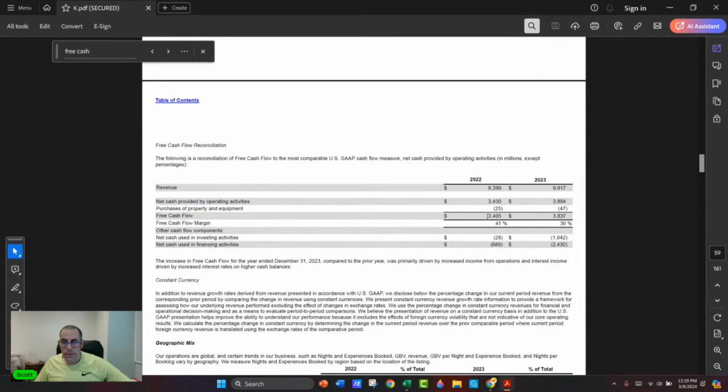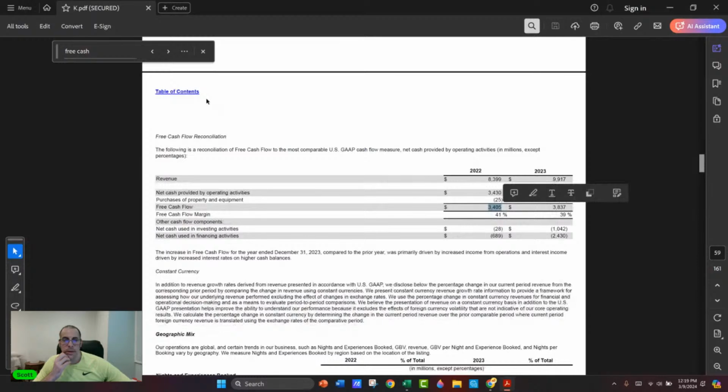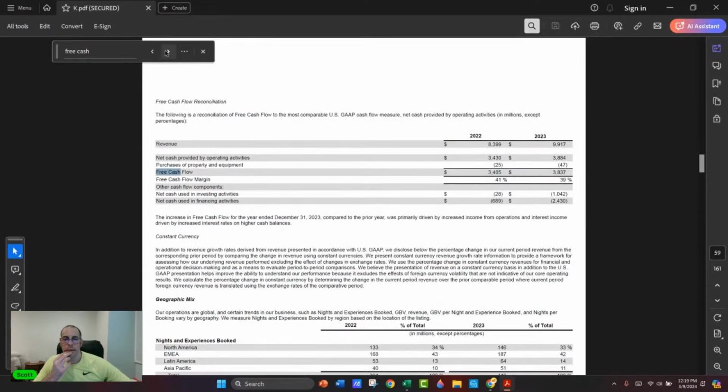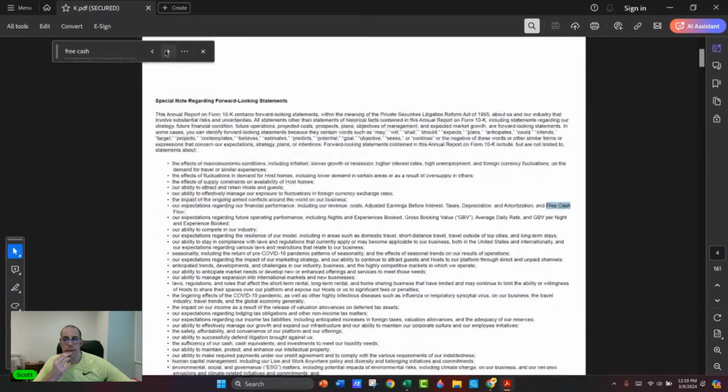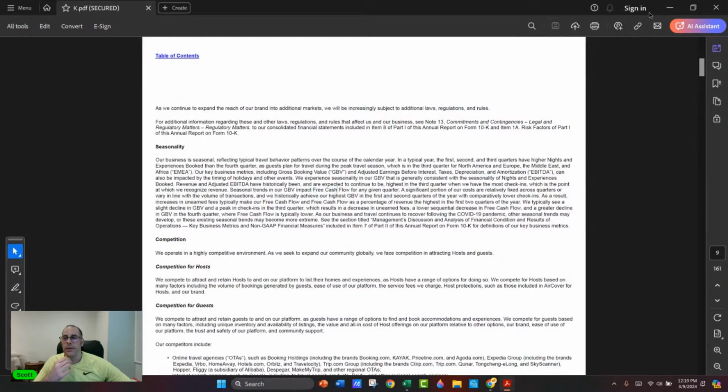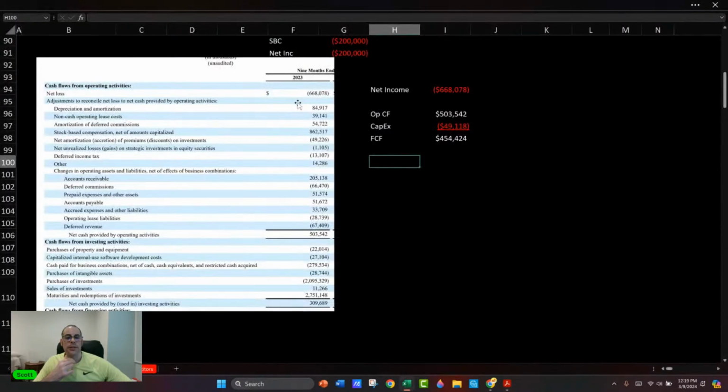Free cash flow. This is for 2022 though. In the chart, I guess this is just for 9 months, but I'll just do it anyway. So negative net income, positive free cash flow, because of stock-based compensation on the income statement.